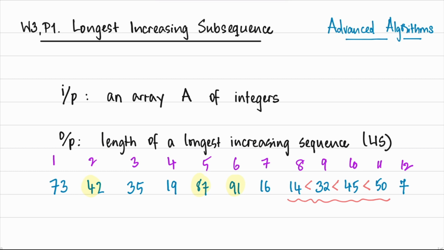Of course, some sequences may have a unique longest increasing subsequence. Some may have several. So let's see if we can come up with a quick example where there are 2 longest increasing subsequences. So here is one attempt.